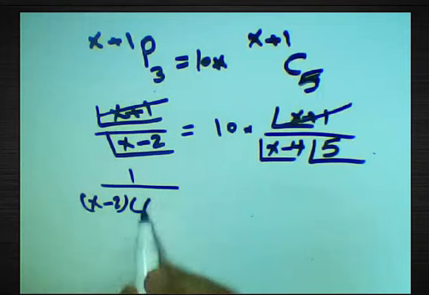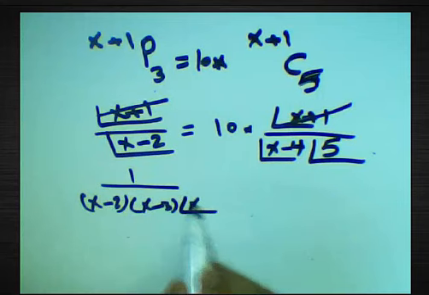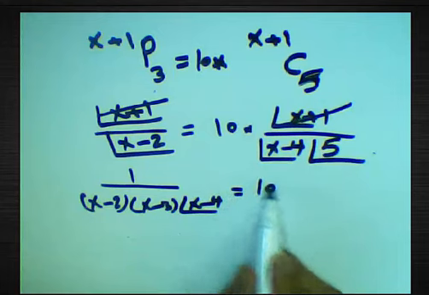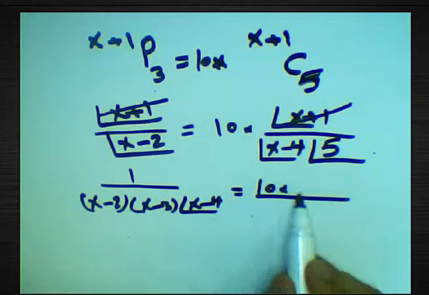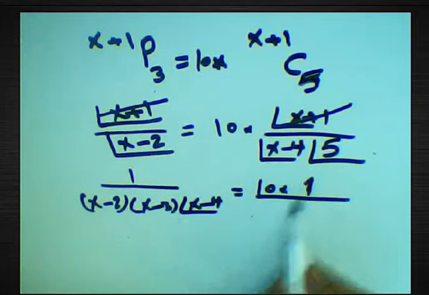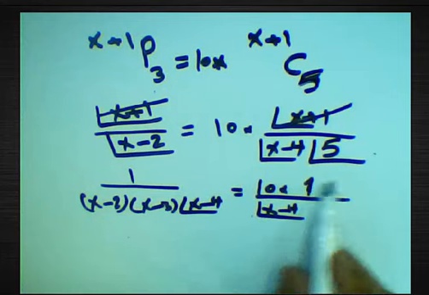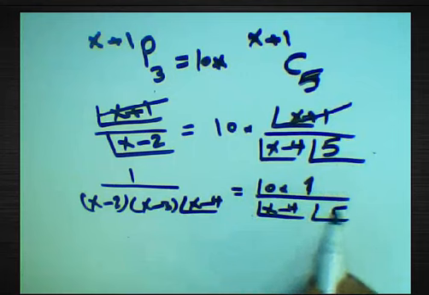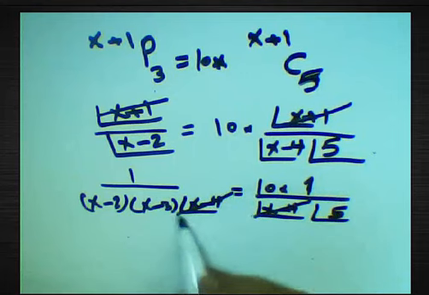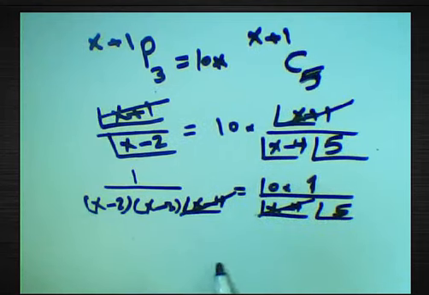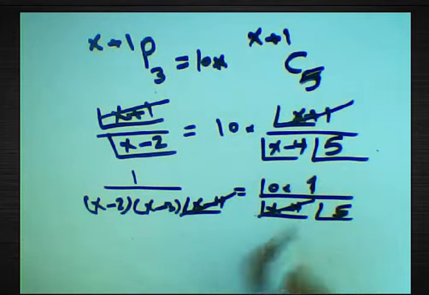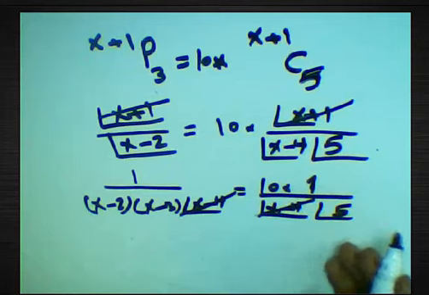right outside here, x minus 2 multiplied by x minus 3 multiplied by x minus 4 equals 10 multiplied by, we have here 1, and factorial x minus 4 multiplied by factorial 5 here. We know factorial x minus 4 is x minus 4, then factorial 5 means 5 times 4 times 3 times 2 times 1 and so on.